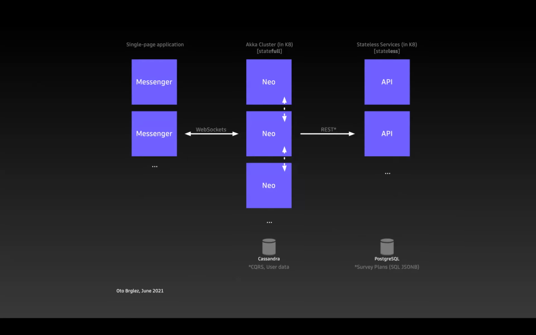Without this middle layer, this conversational layer, it would be a very traditional web application with API and front end. But since for each respondent that is having a conversation with our system we need to keep a state of that conversation, it becomes a significantly bigger challenge on an architectural level.